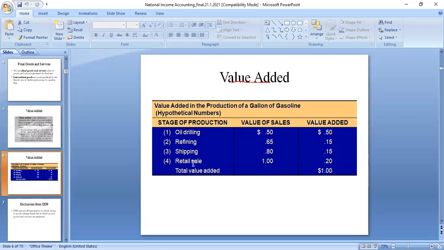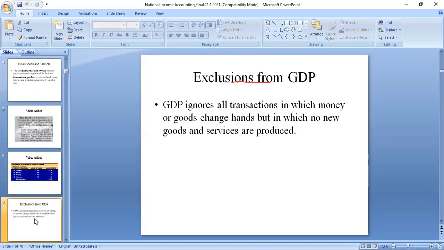And then from shipping to the final retail price of $1, the value added will be 1 minus 0.8, which is 0.2. So to get the total value added, we shall add 0.15 plus 0.15 plus 0.2 to finally get 1. Yeah. So practically that's how we calculate or determine the value added.